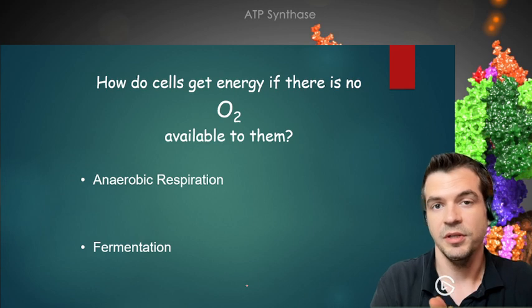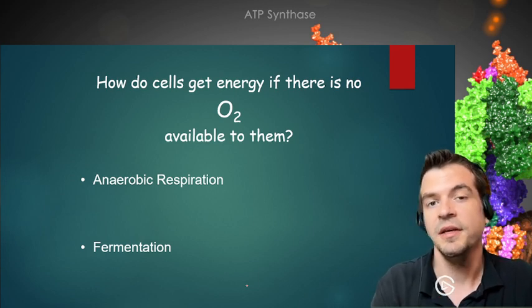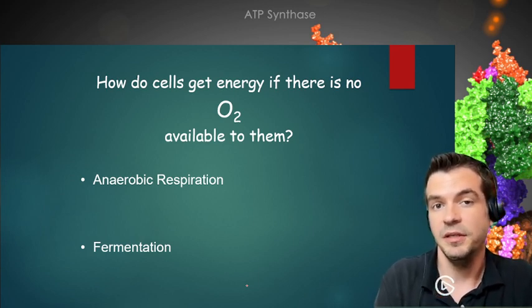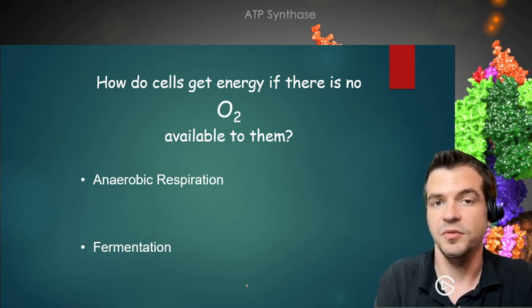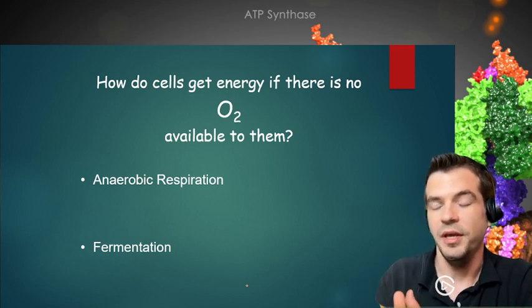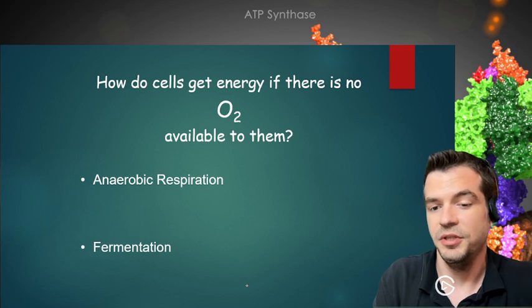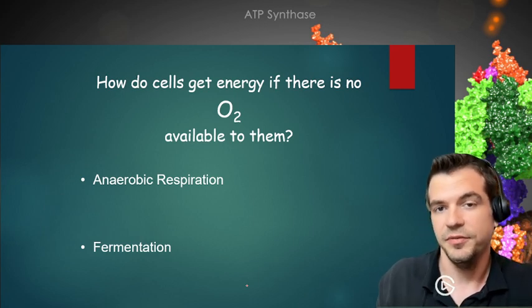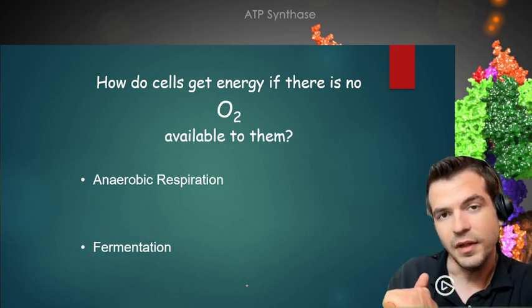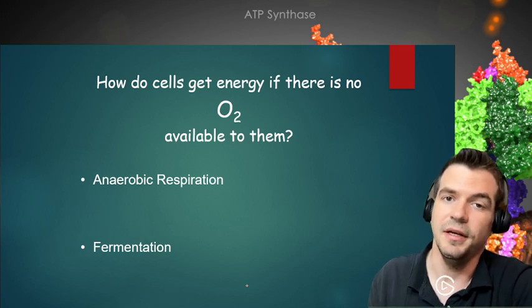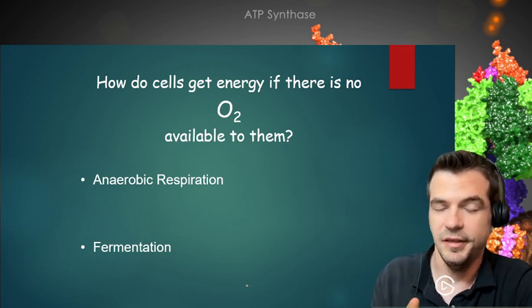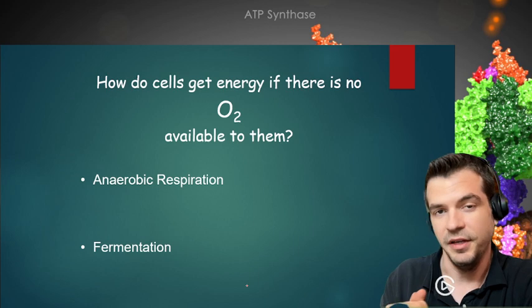We talked a lot about the electron transport chain and how most of our ATP is generated through oxidative phosphorylation. Well, you can't have oxidative phosphorylation if you don't have oxygen. So that is the defining characteristic.